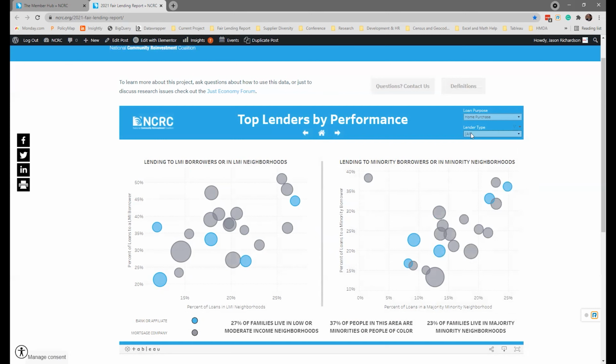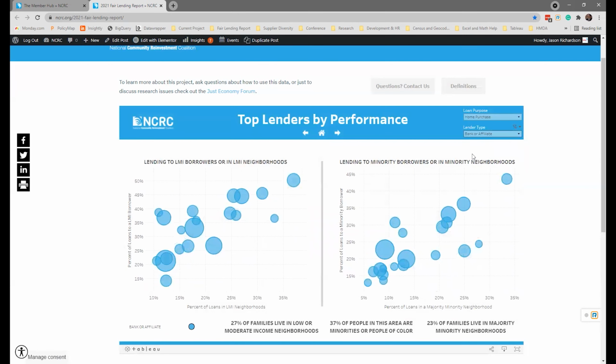Now you can also use the filters up here to select a specific type of lender. So let's say we just want to look at the top 20 banks and how they performed. Here we are. Now you can look at just the top 20 banks. At the bottom are some quick stats from the demographics page to remind you of where the population is in this area.